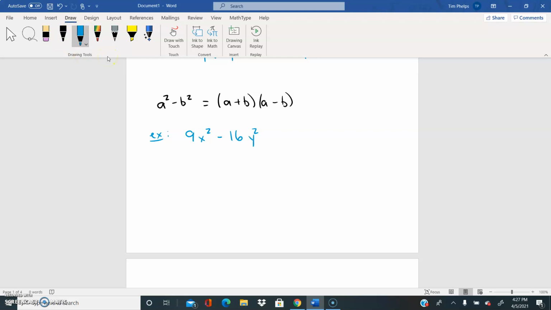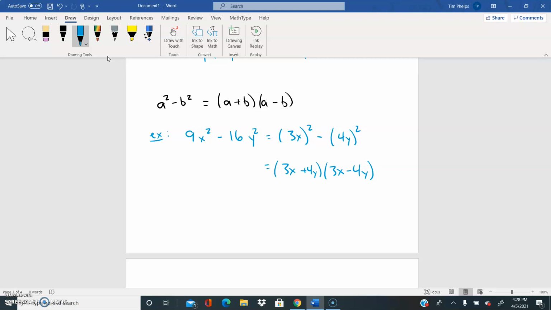If we look at this, 9x squared is 3x being squared, and 16y squared is 4y being squared. So my a is 3x, my b is 4y, and I plug it into my formula. So it's 3x plus 4y and 3x minus 4y.